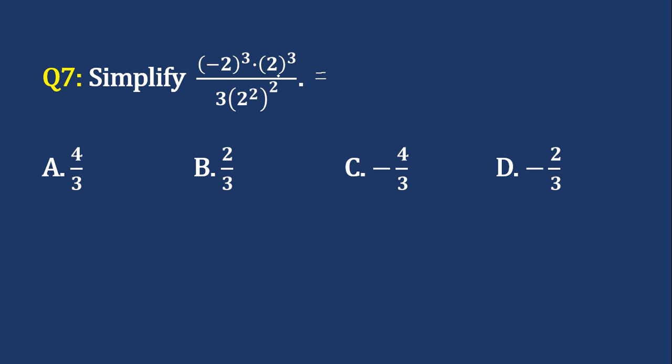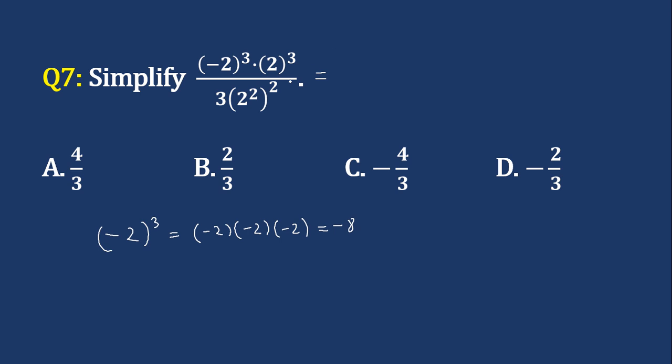Now the part with negative 2 raised to 3 means that we have to multiply negative 2 to itself 3 times. So this means that we have negative 2 times negative 2 times negative 2, which is equal to negative 8.